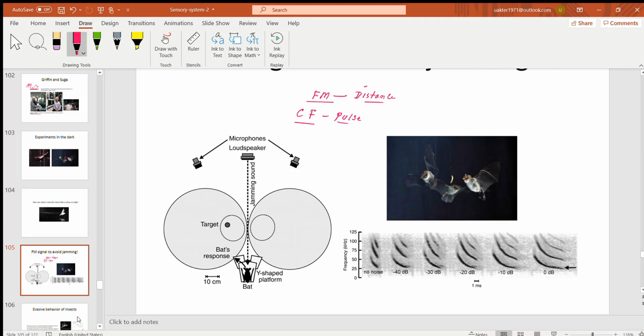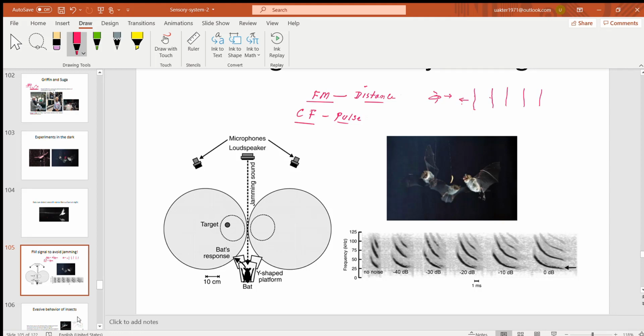For example, the CF bat is flying in a forest, like in a rainforest you have many plants, so all these trees and plants are fixed. This is the bat. And as the bat moves towards the objects, as I told you, the echo frequency is slightly higher.